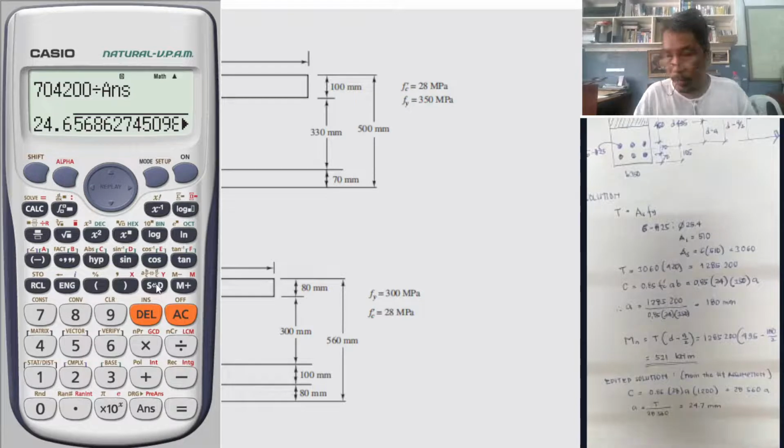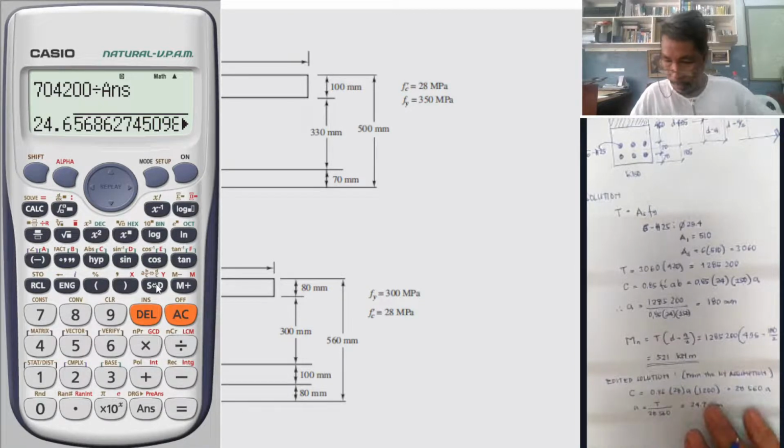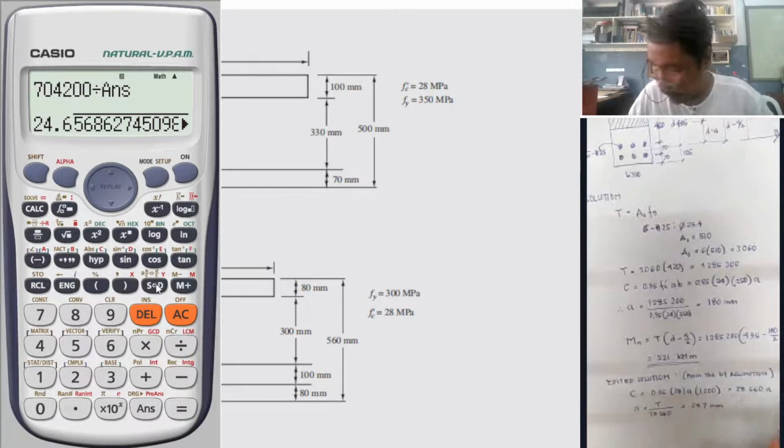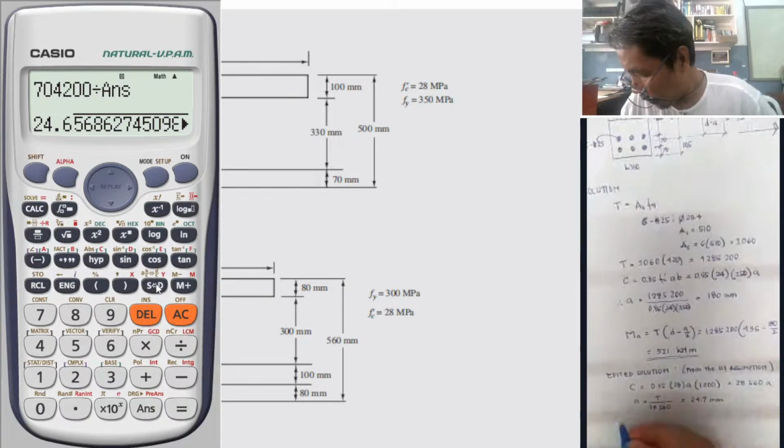Now, if that is the correct value, therefore we can immediately find out the value of Mn.